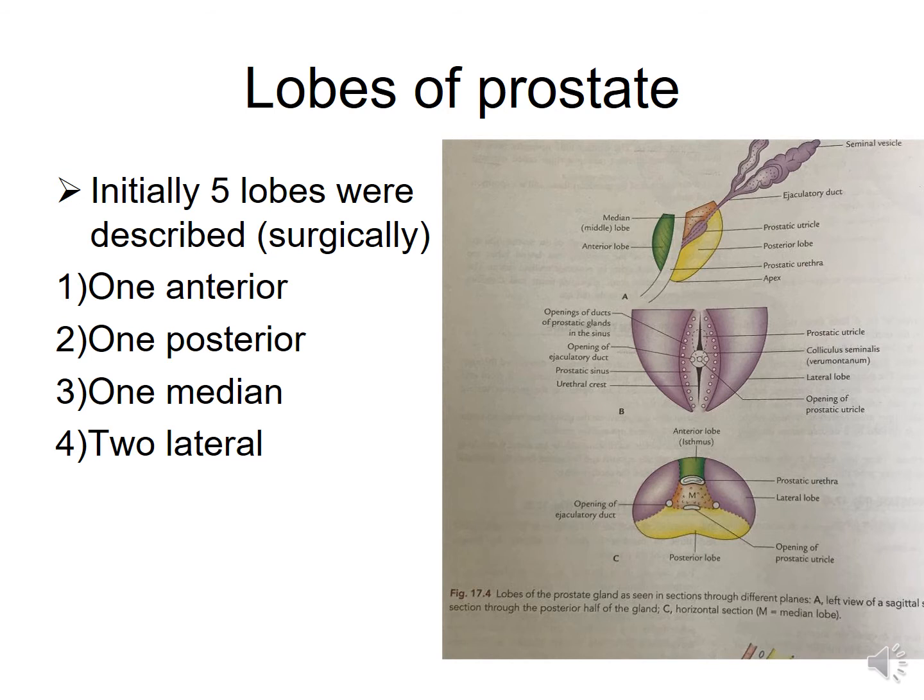The brownish structure is the median lobe. Then there are two lateral lobes which are shown as purple colored structures in diagram C, and they are connected anteriorly with the help of the anterior lobe, and posteriorly they are connected with the posterior lobe. So these are the lobes of prostate.